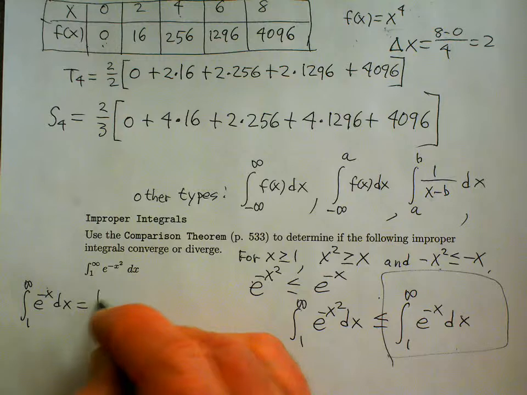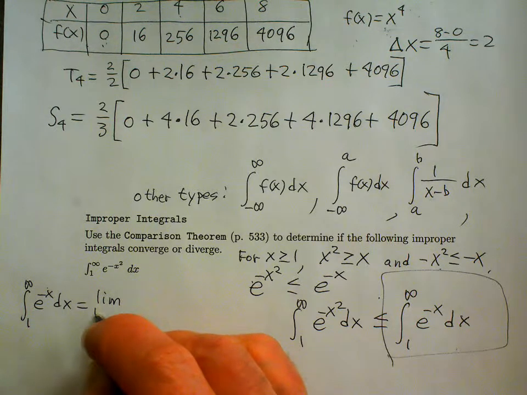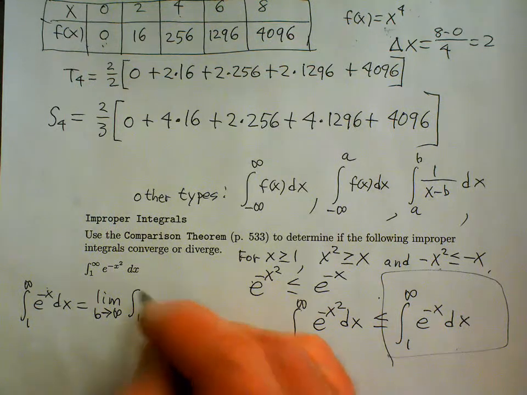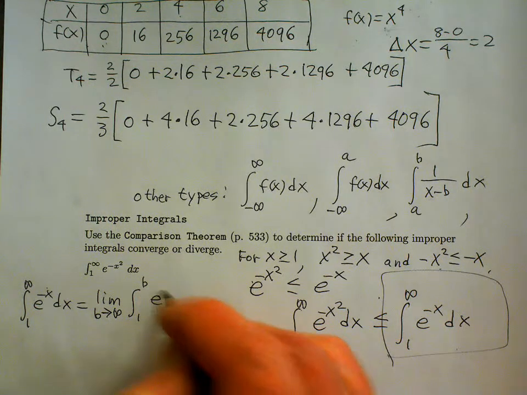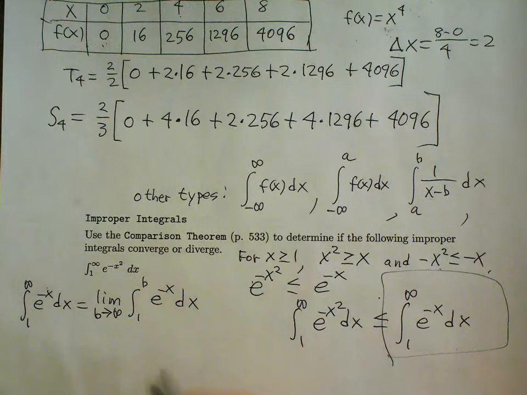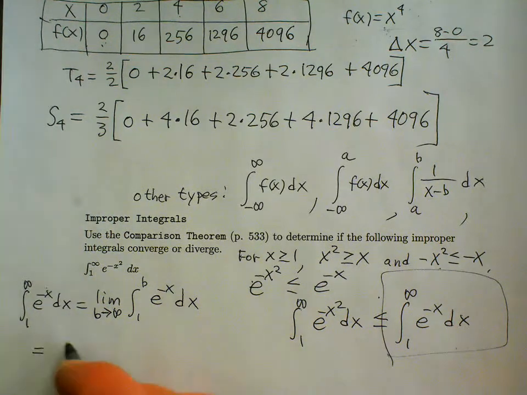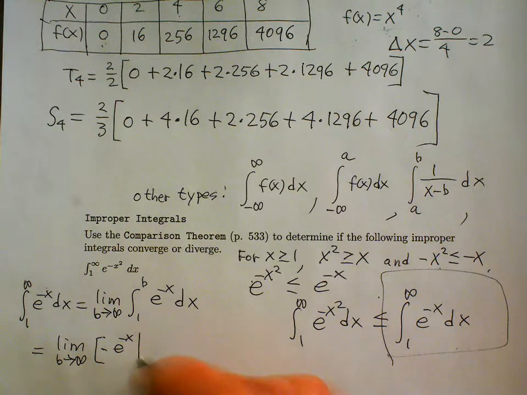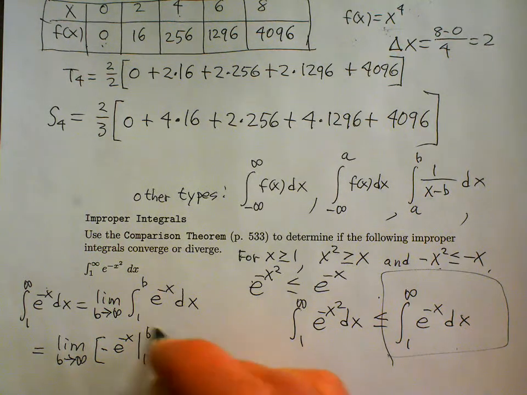We write this as the limit as b goes to infinity of the integral from 1 to b of e to the negative x dx. And then an antiderivative of e to the negative x is negative e to the negative x. We evaluate this from 1 to b.